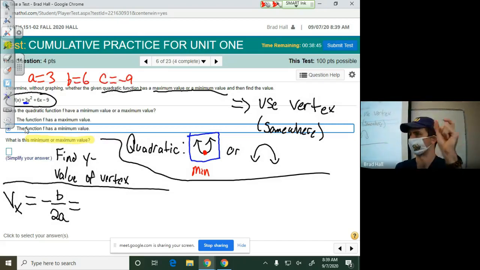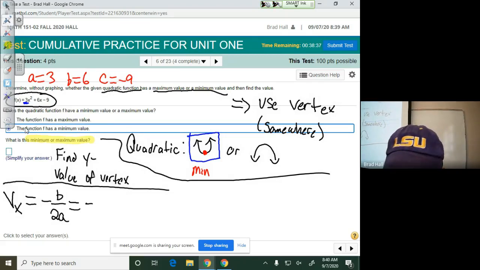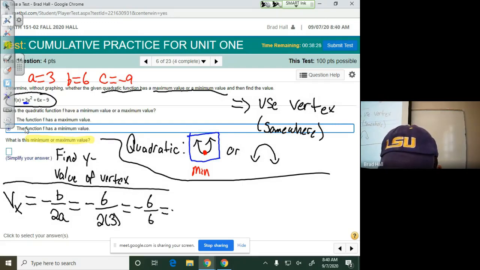It comes from the numbers in order. But we don't even need c because the formula just doesn't have it. So that will be -6 divided by 2 times 3, which is -6 divided by 6, which is -1. So I just plugged in a and b into the formula appropriately and got -1 for the x value.